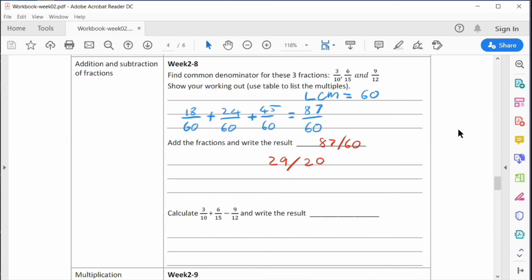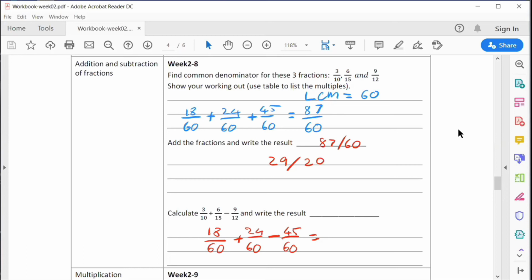So that turned out to be 18 over 60 plus 24 over 60, and then subtract 45 over 60. Now that equals what? 1 over 60? No, isn't it 30? No, it's 33 over 60.